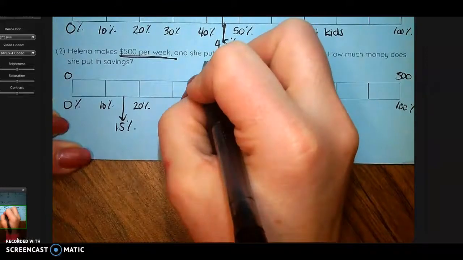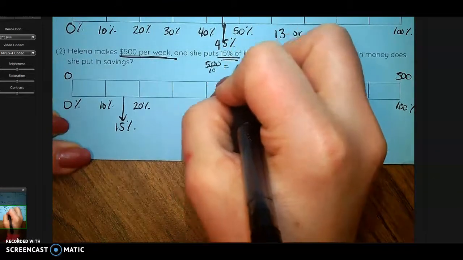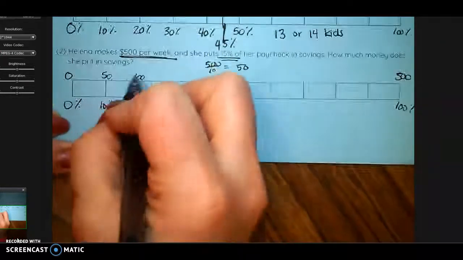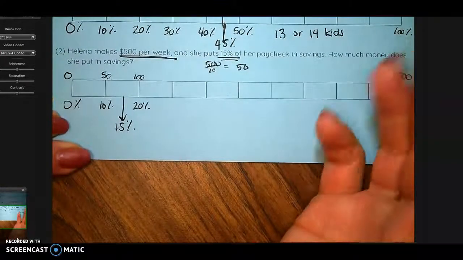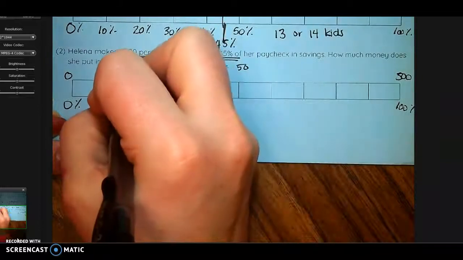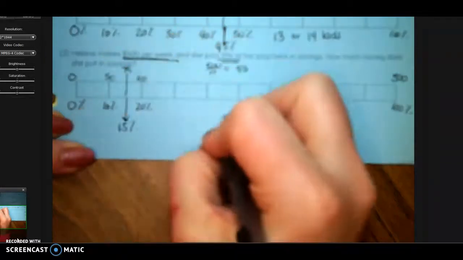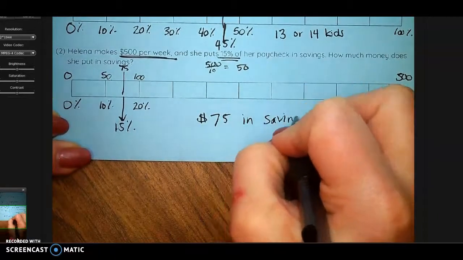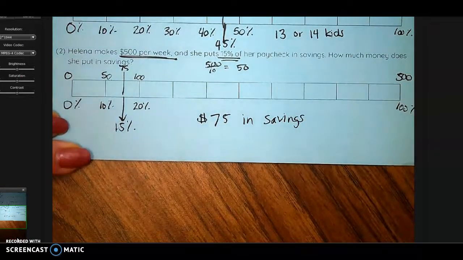My 500 divided by 10, I'm going to count by 50s. Halfway between 50 and 100, well, think about quarters, so 75 cents or 75. So she puts $75 in savings when she gets her paycheck.